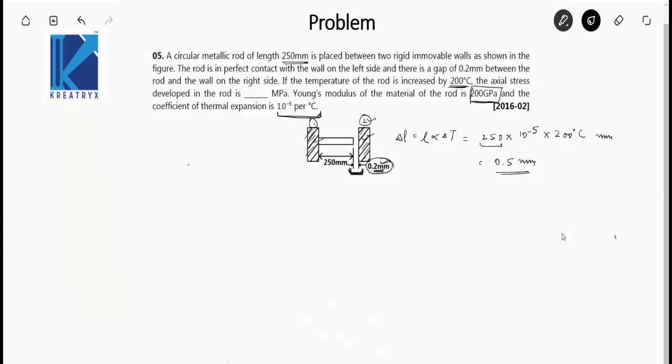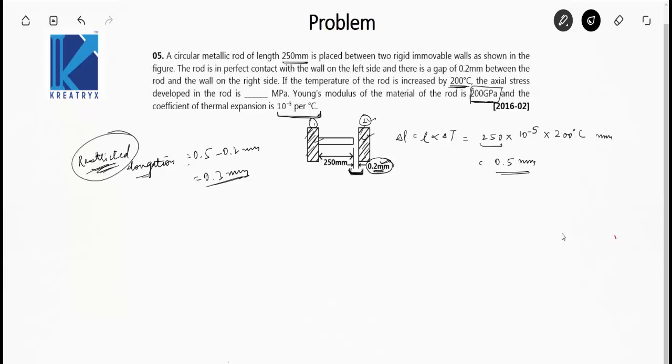So actually the restricted elongation is 0.3 mm, that is 0.5 minus 0.2 mm, and this restricted elongation will actually provide the axial stress in the rod, because for 0.2 mm there will be no strain as the rod is free to deform, and after this 0.2 mm there will be restricted elongation.